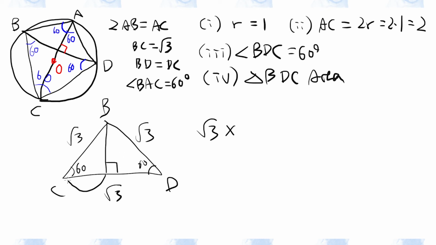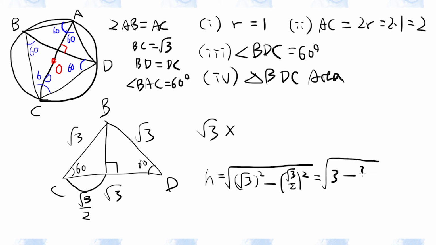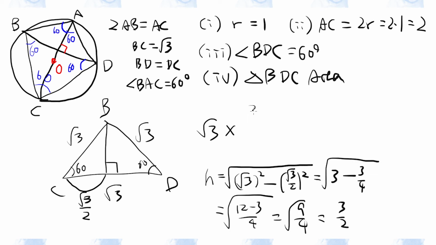The length here is 1/2 of √3. We can calculate the height using the Pythagorean theorem. So the height of the triangle is 3 over 2, and don't forget to multiply by 1/2. So the area is 3√3 over 4.